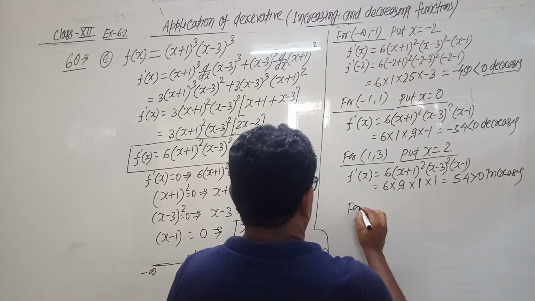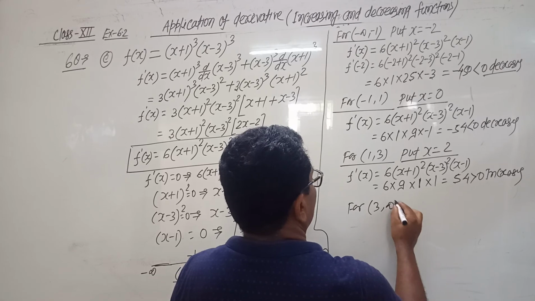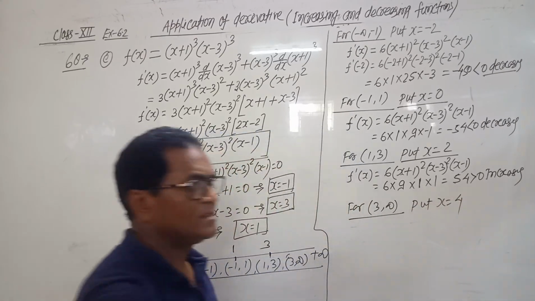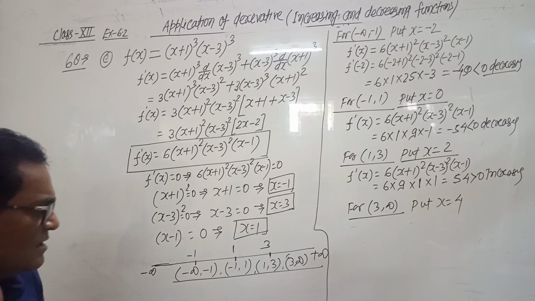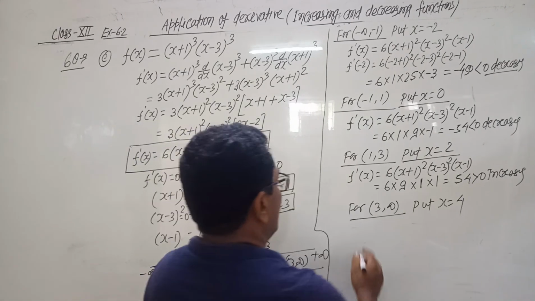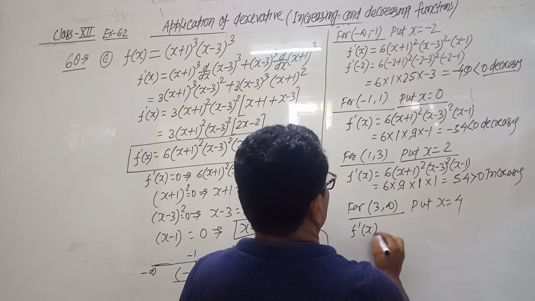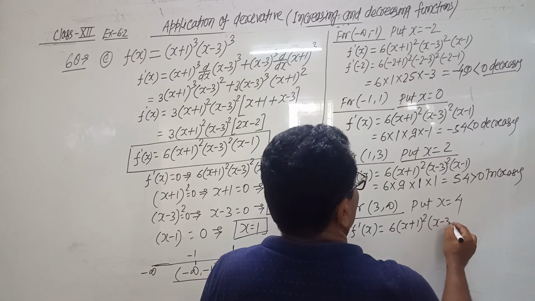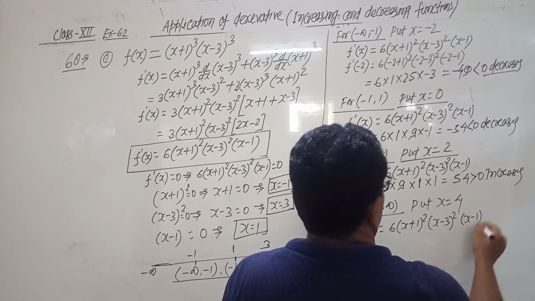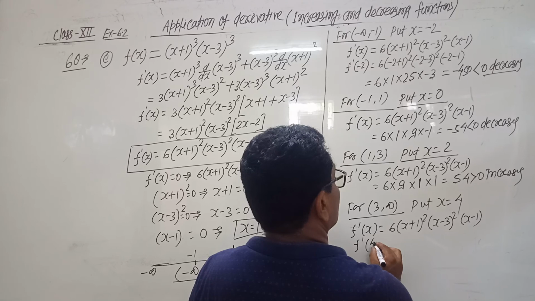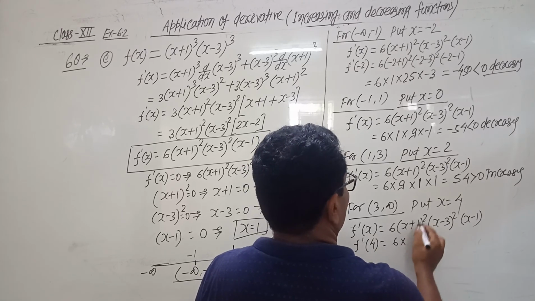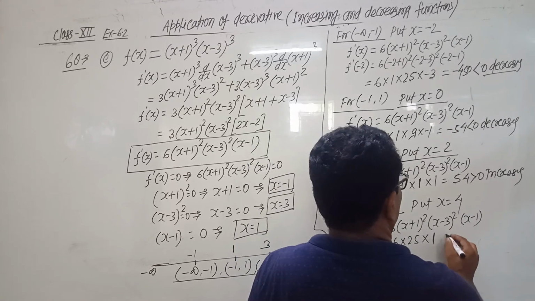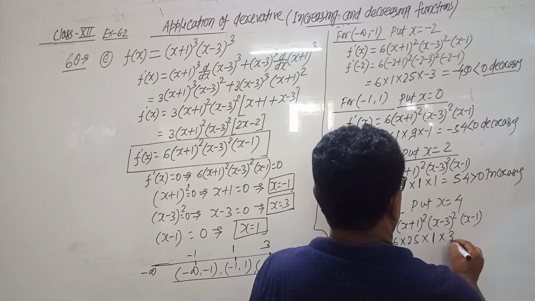Now for the interval 3 to infinity, put x = 4, which lies between 3 and infinity. f′(x) = 6(x + 1)²(x − 3)²(x − 1), and we find f′(4) = 6 times (4 + 1)², 25, times (4 − 3)², 1, times (4 − 1), which is 3.